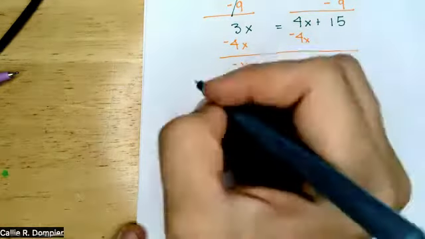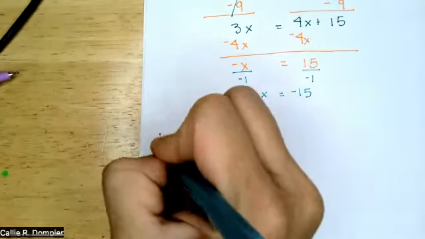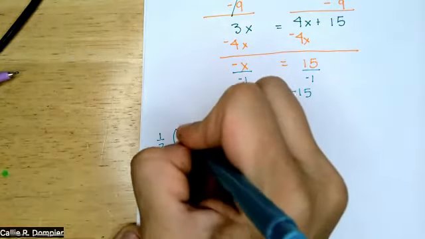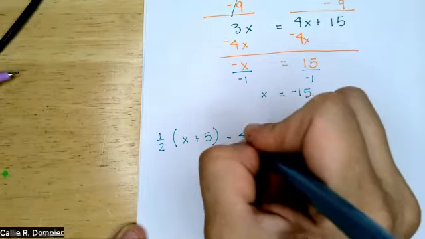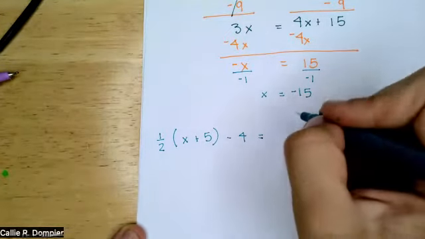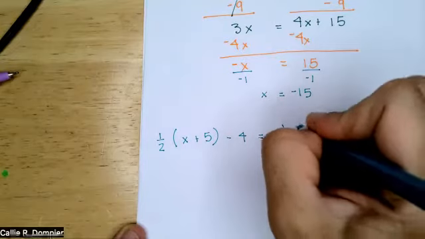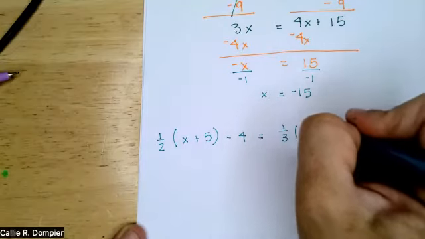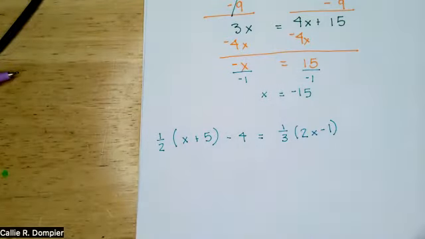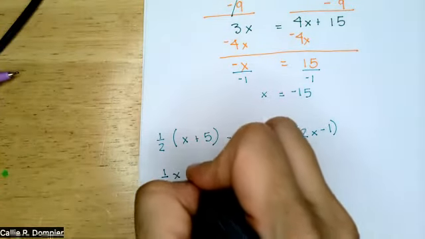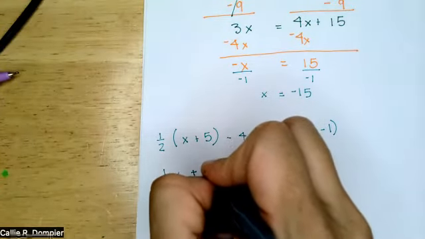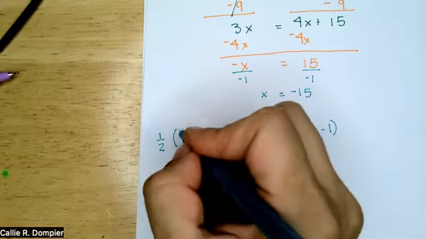Our fourth example was 1/2 times x plus 5 minus 4 equals 1/3 times 2x minus 1. So if I'm going to distribute first, I get 1/2 x plus 5/2, right?